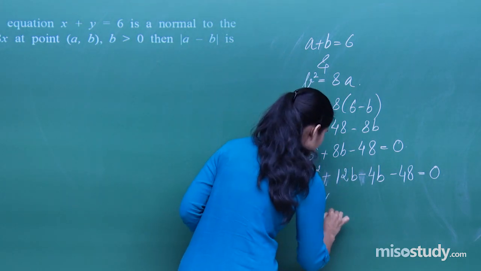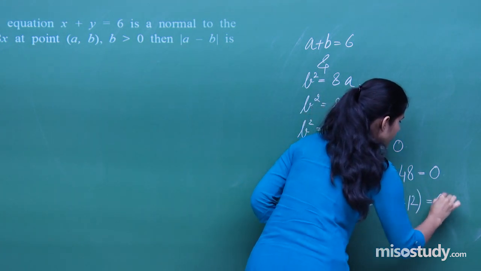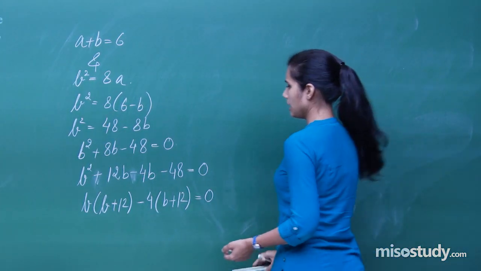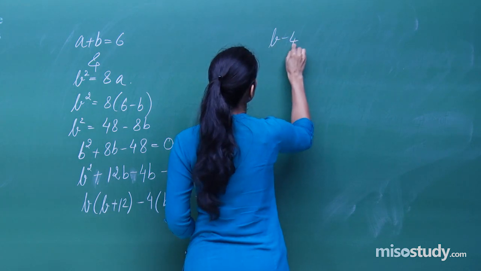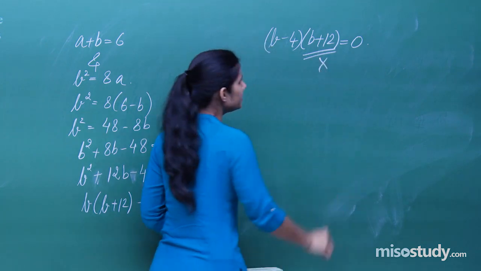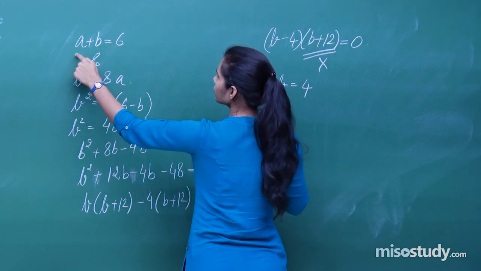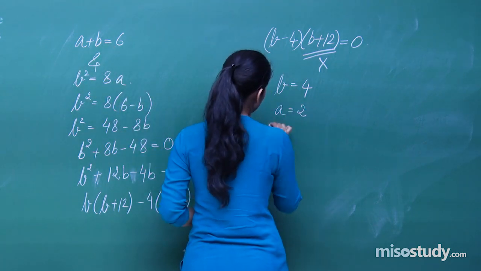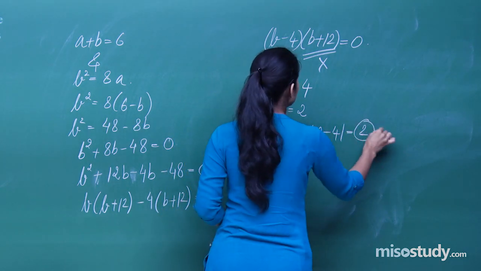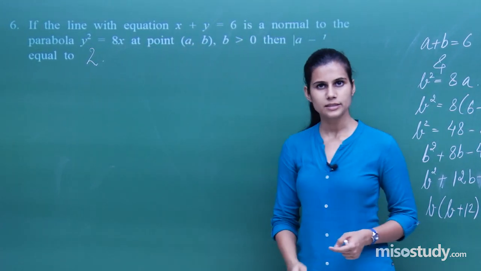So you get b plus 12 times b minus 4. Now you know that from here you are getting factors as b minus 4 and b plus 12. This is not possible, b cannot be negative, you get b coming out to be 4. If b is 4, a is going to come out to be 6 minus 4, that is 2. And therefore mod of a minus b very clearly is the integer 2.